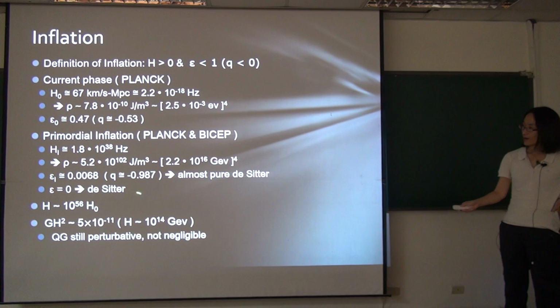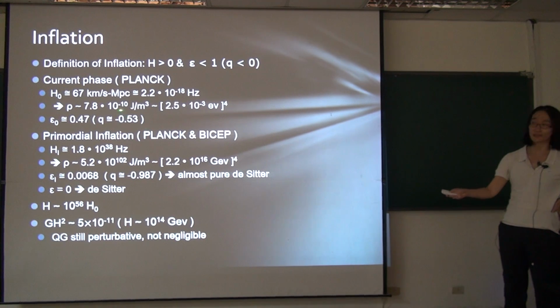Okay. You can also see this deceleration parameter is negative, and more negative than in the current phase. So that means during the primordial inflation, it's actually doing more accelerated expanding than the current phase. And the other big difference is this Hubble parameter. The Hubble parameter during the primordial inflation is about 10 to the 56 orders of magnitude bigger than the current one.